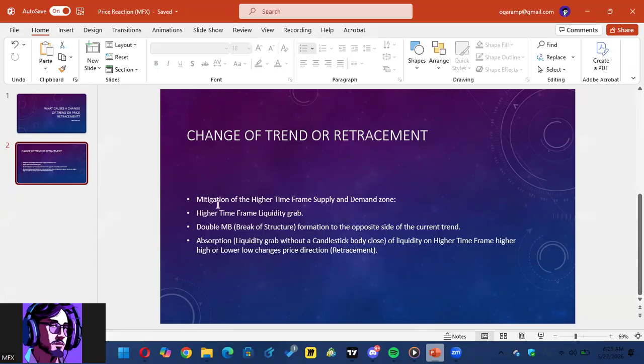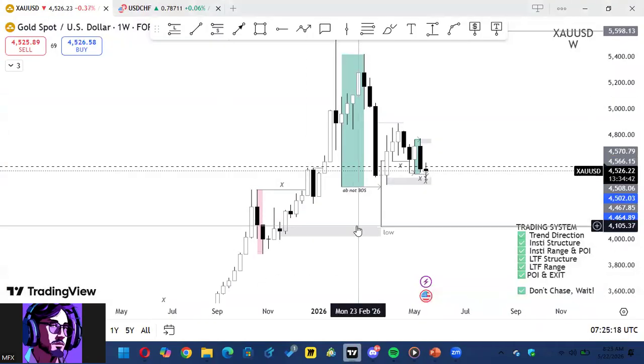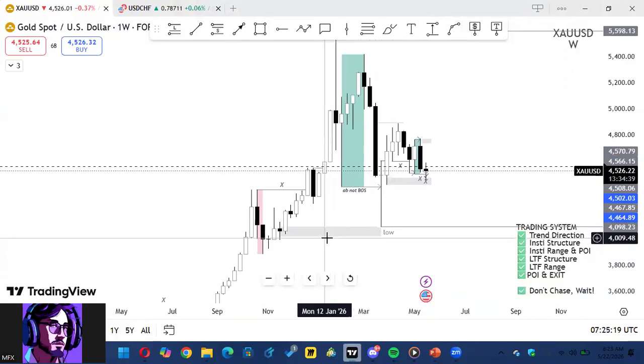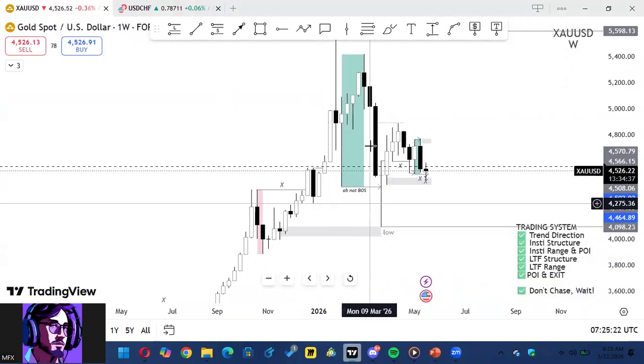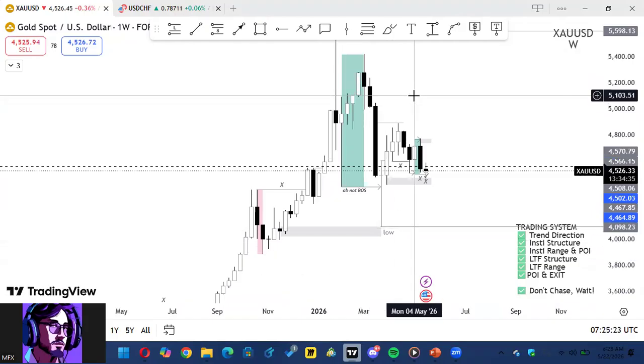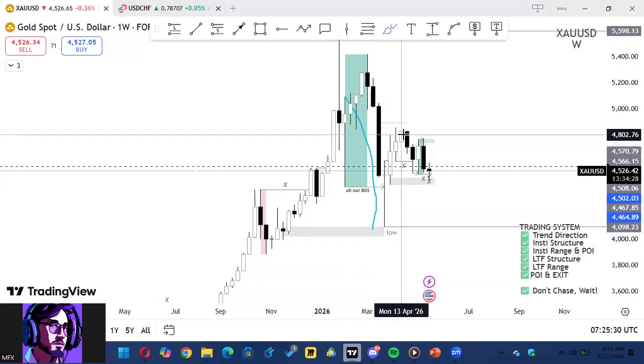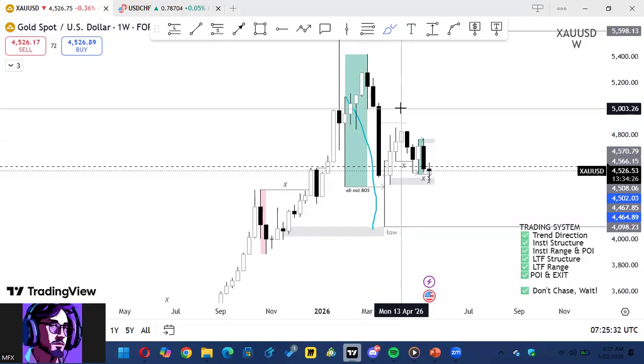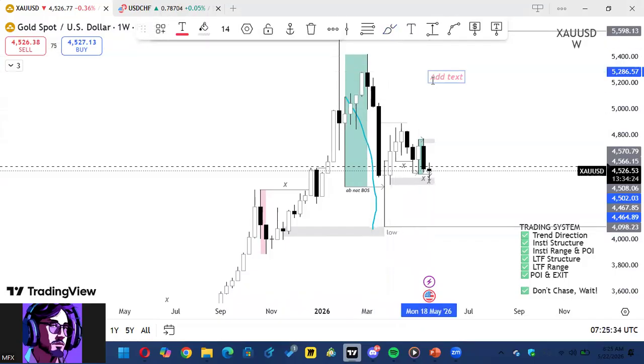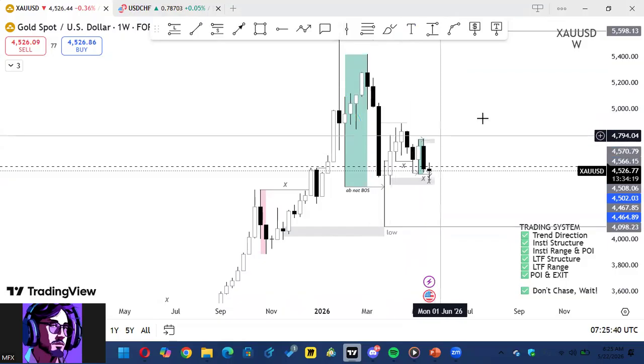We said that whenever price mitigates a higher time frame supply or demand zone, it always changes trend or retraces to the opposite side. You could see that higher time frame demand zone: price mitigates it and up we go. Price mitigates it and up we go. So you could see how this played out pretty well in price.